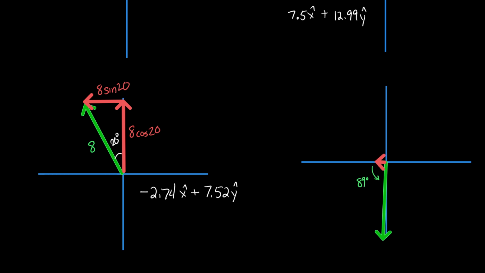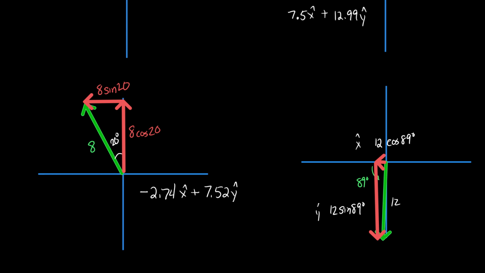My triangle is challenged, but I'm doing my best. It's not really looking right, but it's going to have to do, so I have some place to write. And it was 12 meters long. So this will be 12 cosine 89 degrees. That's in the x hat direction. And 12 sine 89 degrees.